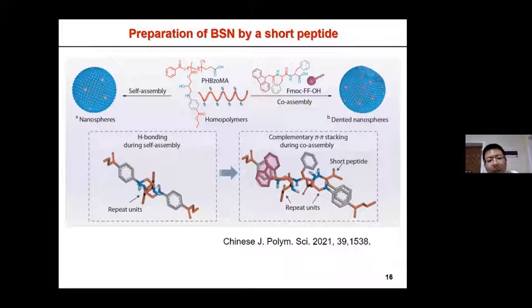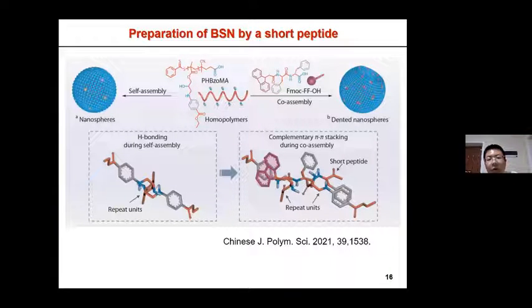Then we thought that we could co-self-assemble a small molecule and polymers to induce the formation of bowl-shaped nanoparticles, as shown in this paper.